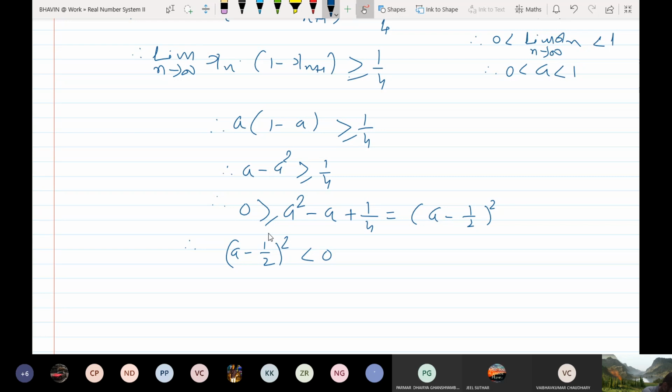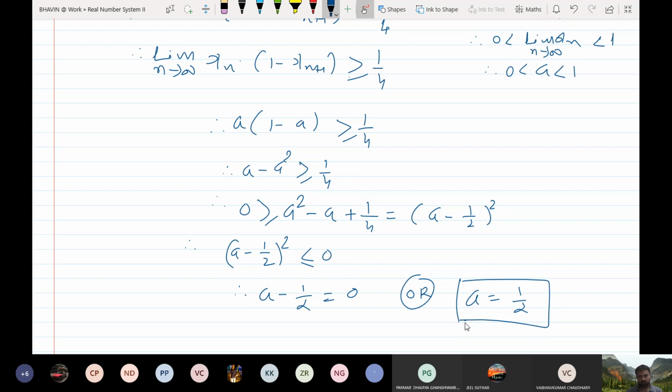If I take the limit, then equality can also occur. So what does this mean? a minus 1 by 2 must equal 0, or a equals 1 by 2.